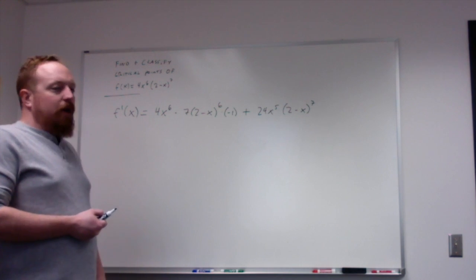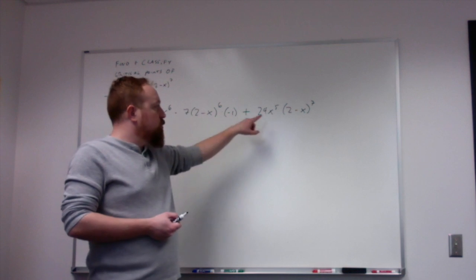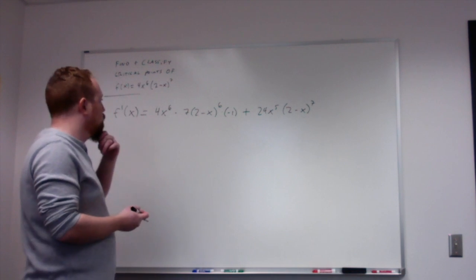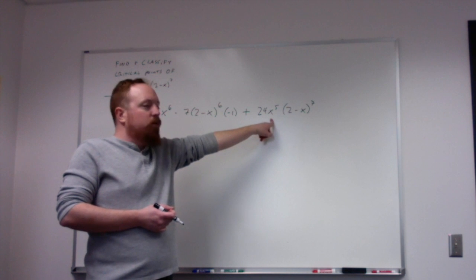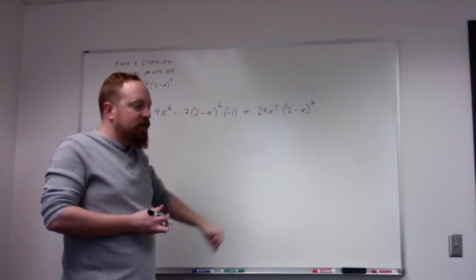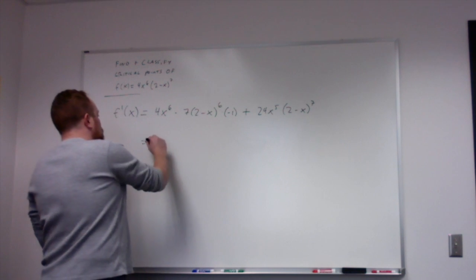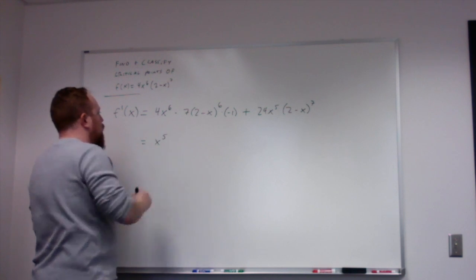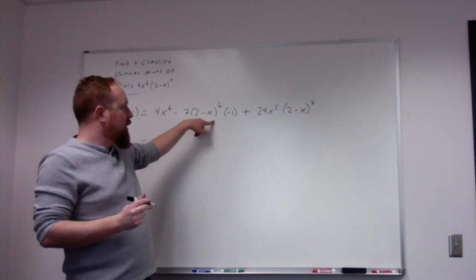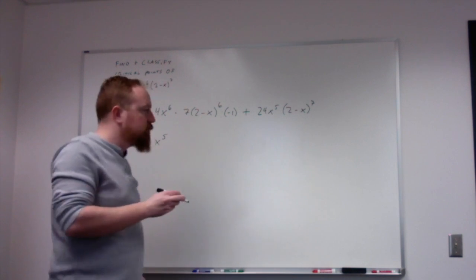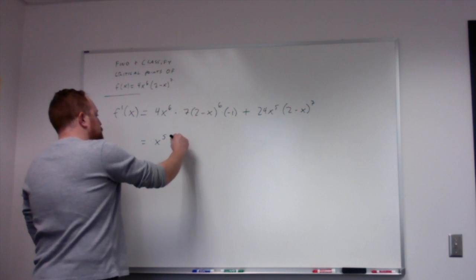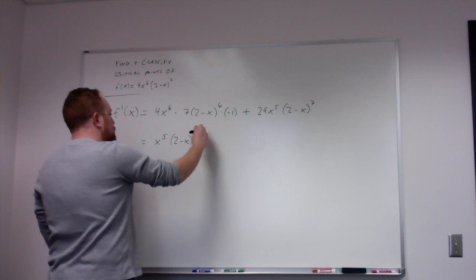So the question that I'm going to ask is, what do these two terms have in common? I think you'll agree with me that they both have some x's, and in fact we can pull out 5 of those x's. And then also they have 2 minus x's. Looks like I can get away with taking out 6 of those. So here is (2 minus x) to the 6th.